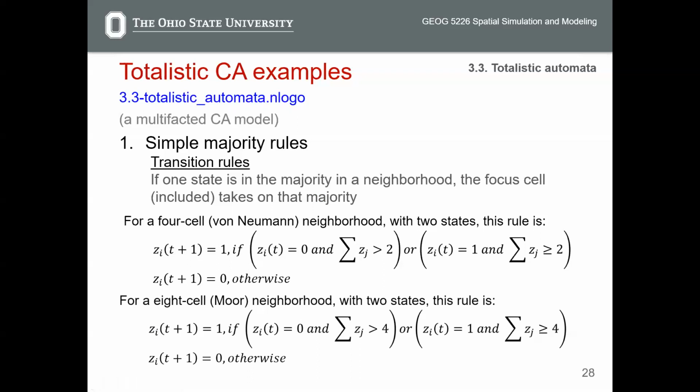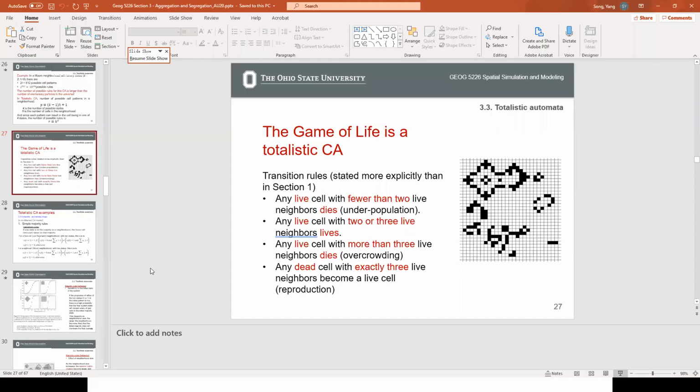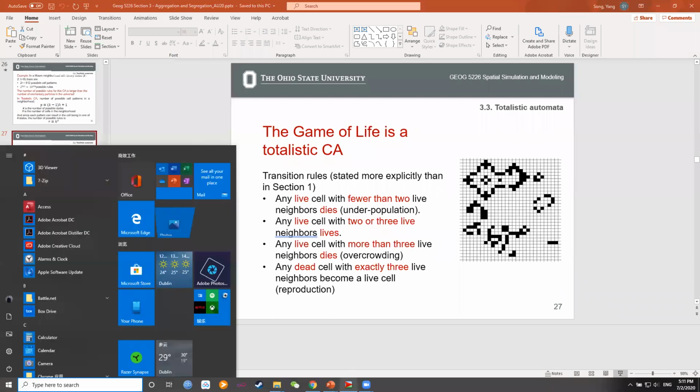If there are 5 cells or even more cells that are equal to 0 or equal to 1, then 0 or 1 should be the majority. Before that, let me show you.